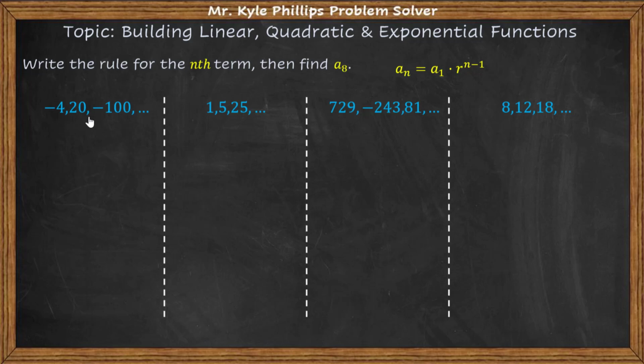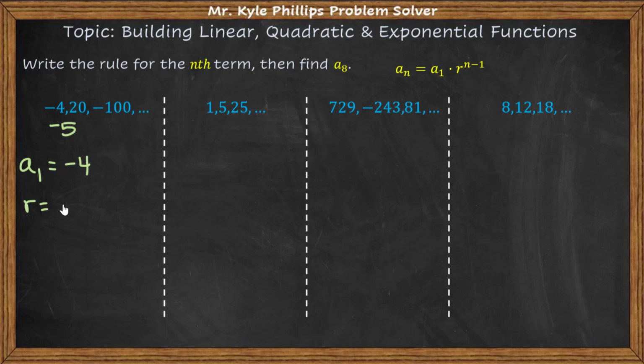So first, we have to determine, is each sequence geometric? Okay, so we determine that by finding a common ratio. So here, -4 to 20, that is -5. That's the common ratio. 20 times -5 is -100. So it does appear that these are geometric. So my first term in the sequence is -4.